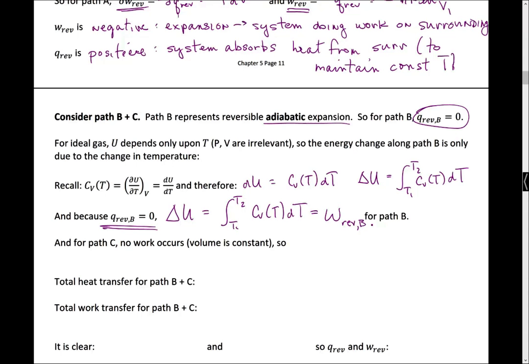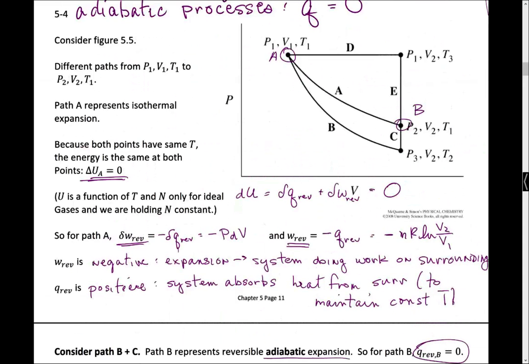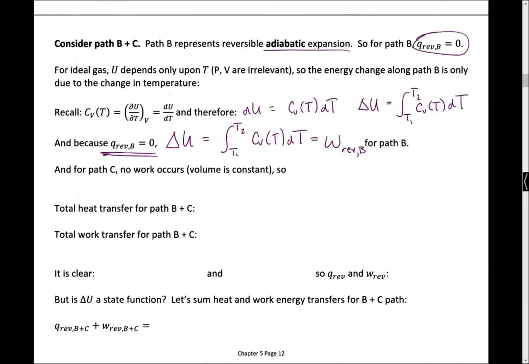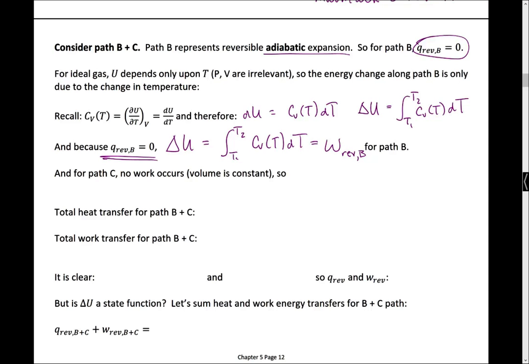Okay? All right, now if we talk about path C, we've already stated that along path C, we're holding the volume constant, which forces work to be equal to 0. And so this means that the only thing that I'm doing is heating the system at constant volume. Okay? So if we're talking about path C, work is equal to 0, so we can say delta U will be equal to Q reversible for path C, and that in turn we expect to not be 0 because we're heating the system, right?